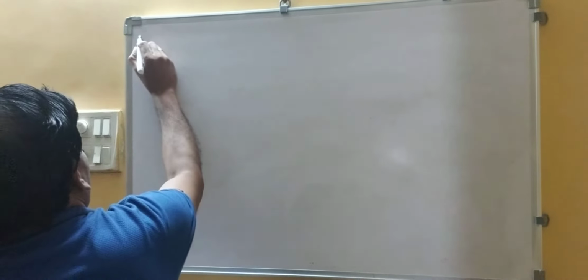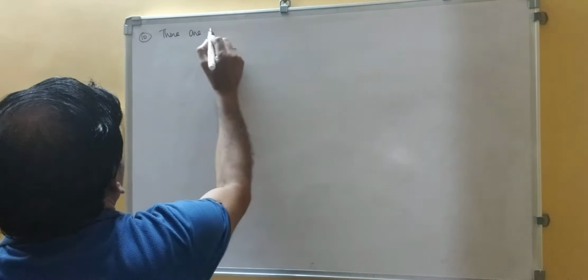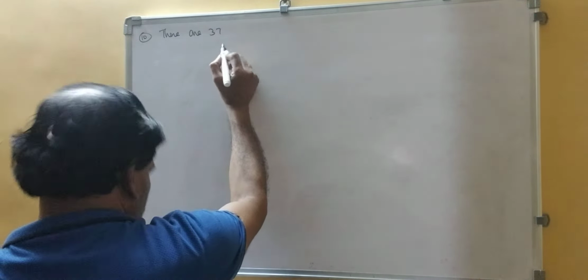See, next sum is 10th sum. I will write down the sum. There are 37 terms in an AP.